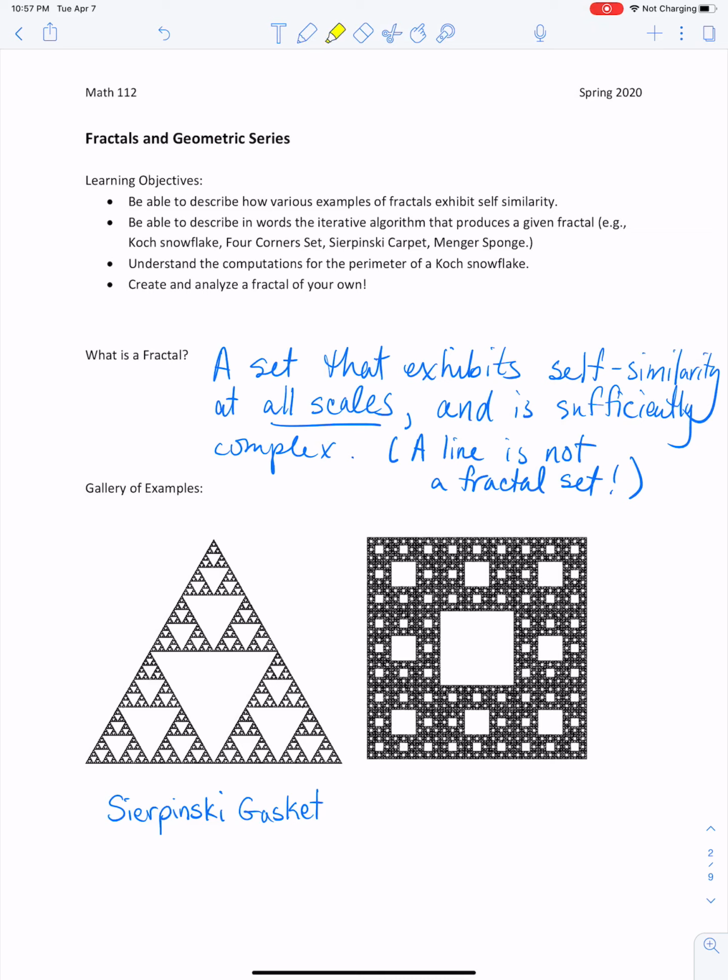The set is actually this large triangle, and then all of the smaller white triangles have been removed. So all of these white triangles are not included in the set. The set is actually the black dust that's accumulating around the edges and boundaries of the triangles. And you can see this bit that I've highlighted here in yellow.